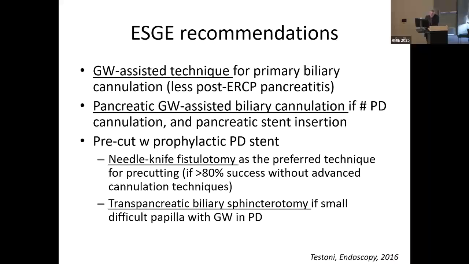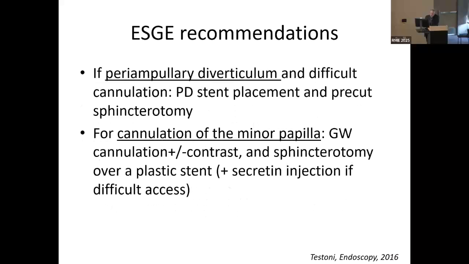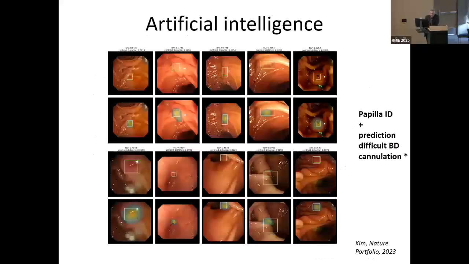But pancreatic biliary sphincterotomy can be considered in their recommendations with a small difficult papilla using a guide wire in the PD. If periampullary diverticulum and difficult cannulation, PD stent placement and precut sphincterotomy is what they favored. For cannulation of the minor papilla, guide wire cannulation with or without contrast, sphincterotomy over a plastic stent. And if the procedure is a little bit complicated, secretin, as is often given, if it's available to you.